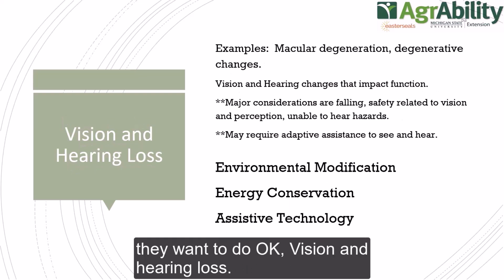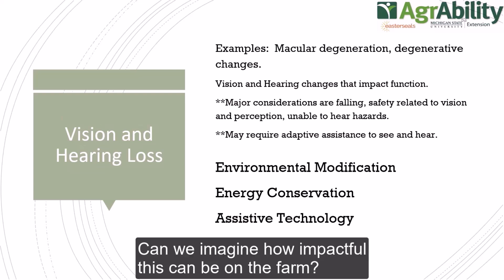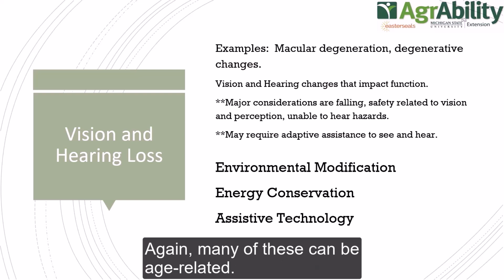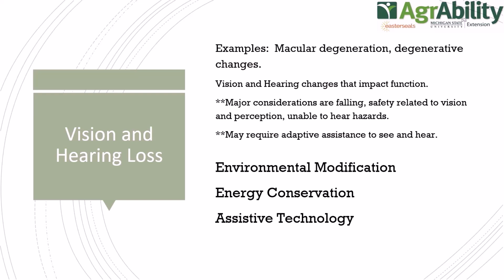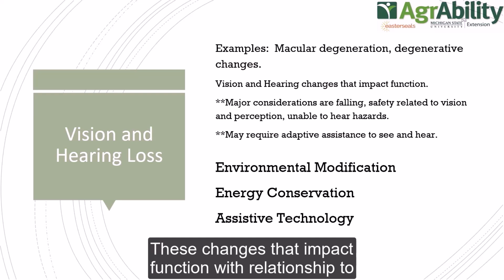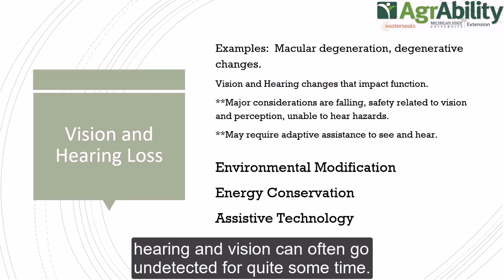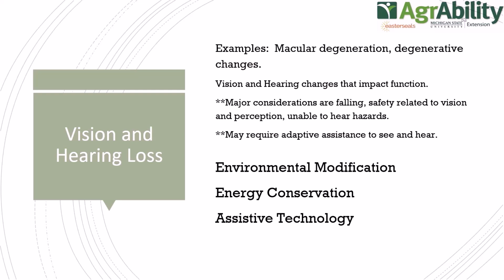Okay. Vision and hearing loss. Can we imagine how impactful this can be on the farm? Again, many of these can be age-related. Especially, well, not even just hearing, but vision as well. These changes that impact function with relationship to hearing and vision can often go undetected for quite some time.